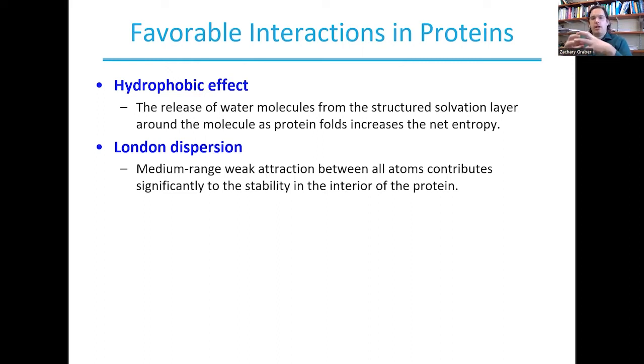So if we can cluster our nonpolar molecules together, that allows us to release the ordered water molecules that are around those nonpolar molecules, and therefore it will allow us to increase our entropy, right? So we're trying to avoid this ordering effect of water.